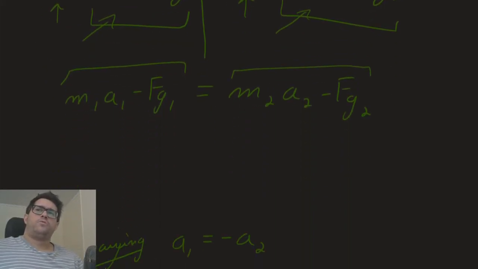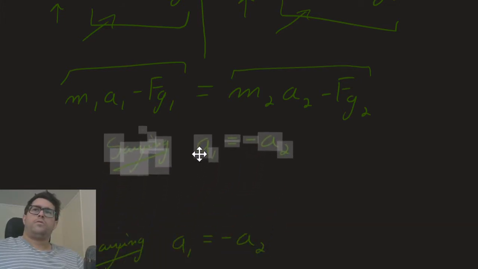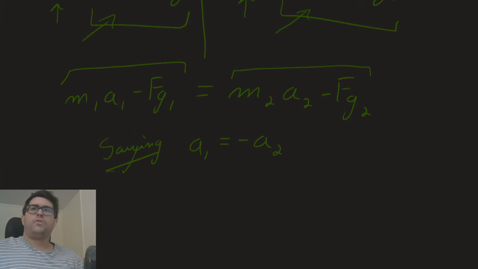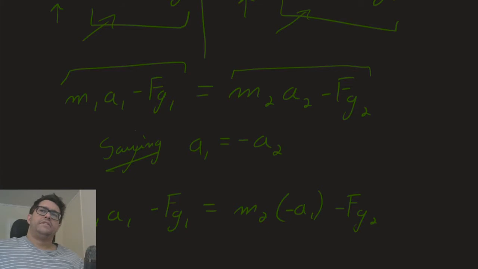From there, we're really doing good. We are going to be also changing our A's. So M1A1 minus Fg1 is equal to M2 times minus A1 minus Fg2. So basically, this is the idea that the acceleration up for one of them is the acceleration down for the other one.